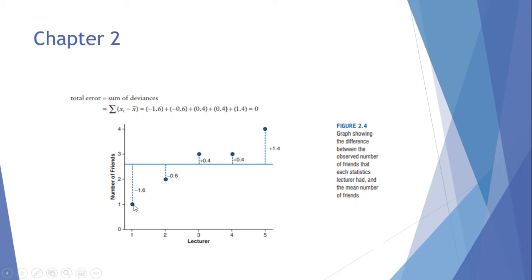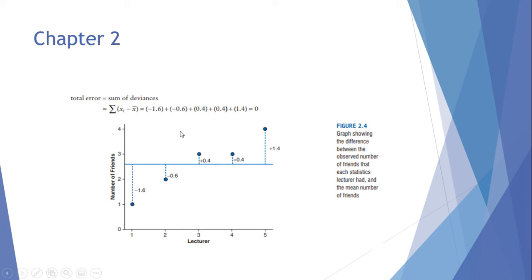And so he or she, their deviance score is 1.6 because there's 1.6 units between their actual number of friends and what the model, the mean, predicts their number of friends would be, 2.6 or whatever that line is. You can't tell exactly.